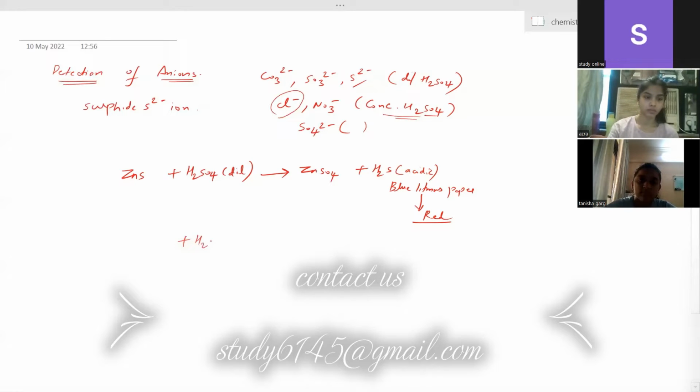So H2SO4 will be there, with any compound with chloride ion.